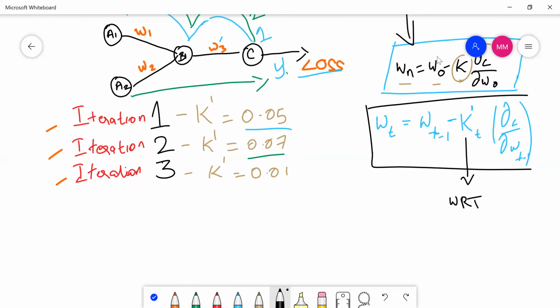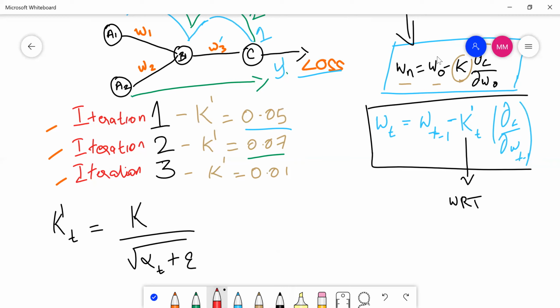We'll consider this K with respect to t as the initial K value divided by the root of alpha with respect to t plus epsilon. This epsilon is nothing but a constant. This alpha value will get increased when our K value increases.